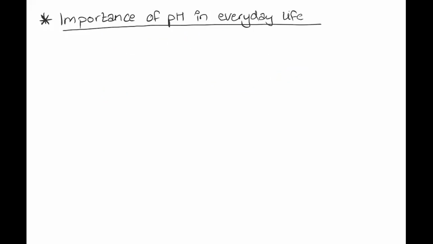Just tell me one thing. Does anyone know what is the pH of the human body? Anyone guess what is the pH of the human body? 7. Any more guesses? Okay, Bhavika is also saying 7. Yes, 7.